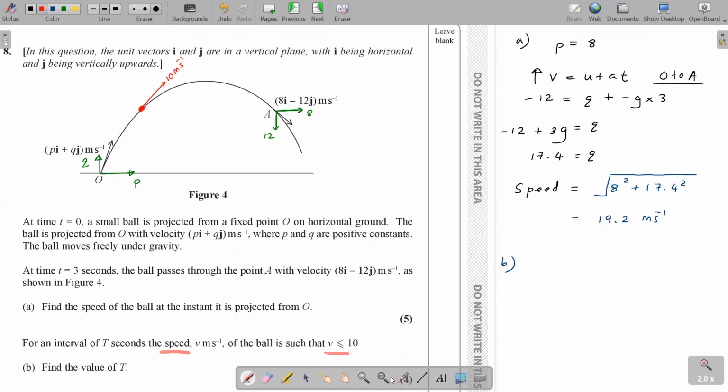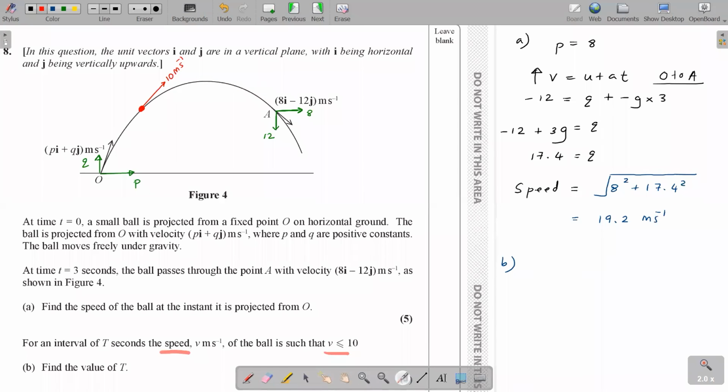When you move above this point, the speed is even less than 10, right? The higher up you go, the more the speed decreases. And then you come to the other side and you realize the other side is completely symmetric, isn't it?